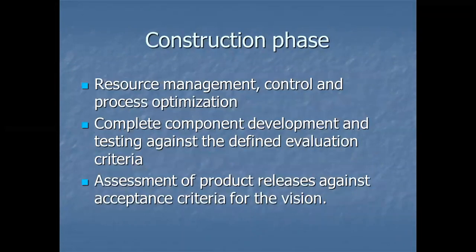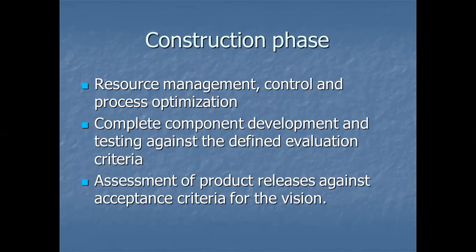Then the third one is the construction phase. In the construction phase, we are going to construct the model, or develop the model based on the requirements. Resource management, control, and process optimization are done in the construction phase. We are going to complete the component development and testing against the defined evaluation criteria.